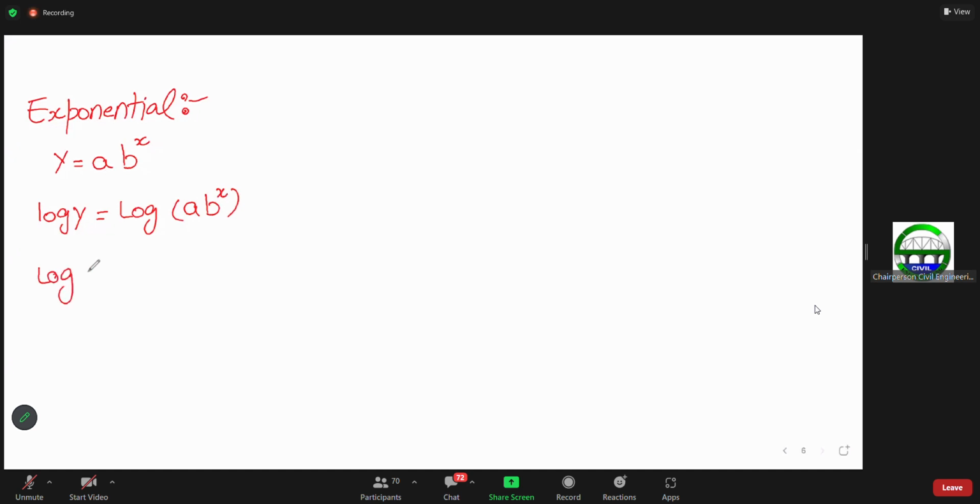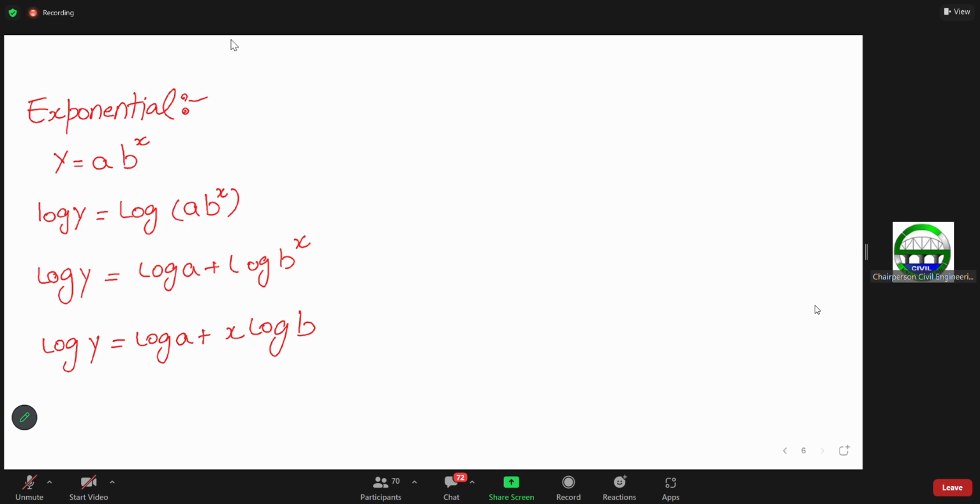Log of y will be equals to log of a plus log of b raised to power x, or I can write log of y is equals to log of a plus x log of b, right? I can write it in this way.